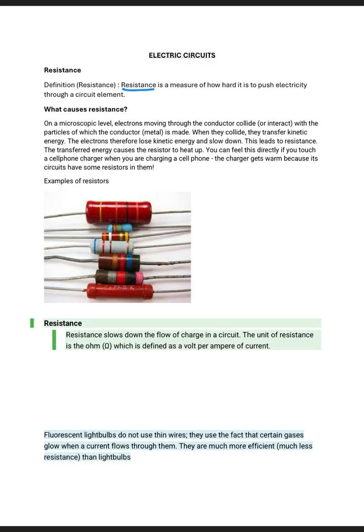And then what causes resistance? On a microscopic level, electrons moving through a conductor. So we have a conductor, and then we have these electrons. The electrons moving through a conductor collide or interact with the particles of which the conductor or metal is made.